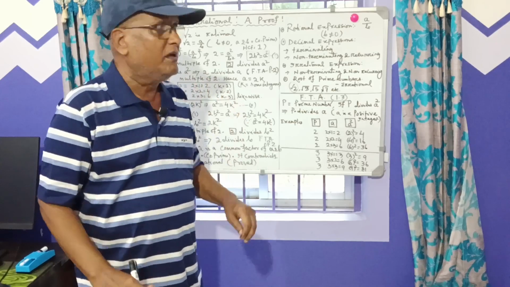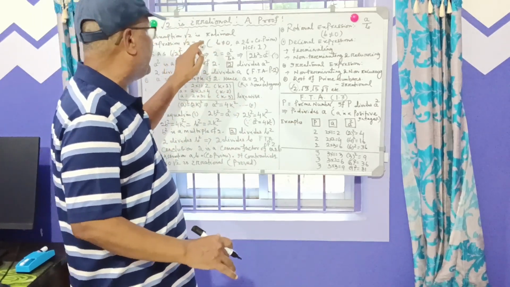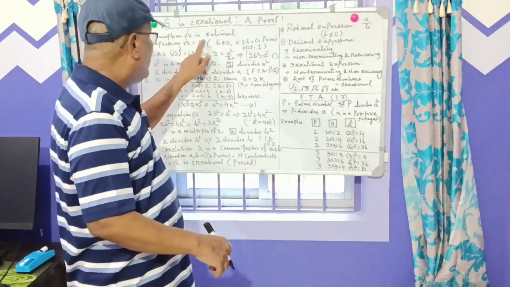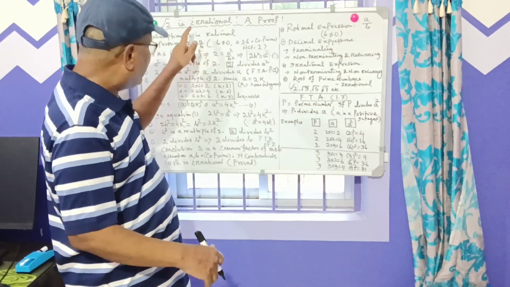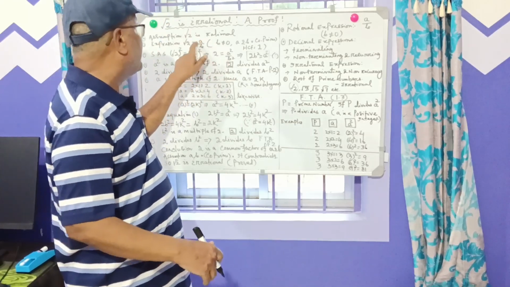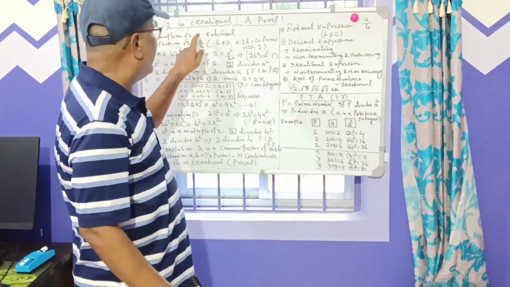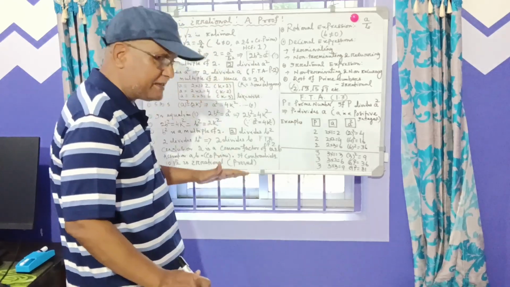But what tricks do you have to remember? Two tricks. When we express root 2 in the form of a by b, you have to prove 2 divides a and 2 divides b. In the first equation, you have to prove using the fundamental theorem of arithmetic that 2 divides a, and 2 divides b in the second.